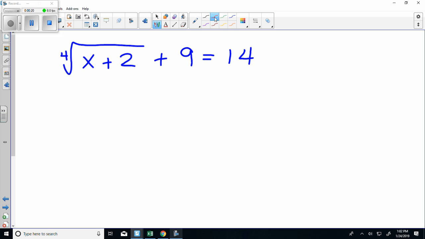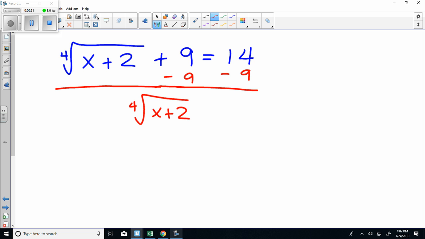So for something like this, if you were trying to solve for x, you would first subtract 9 to get the fourth root of x plus 2 is equal to 5. Then, to get rid of the fourth root, you would take it to the fourth power.